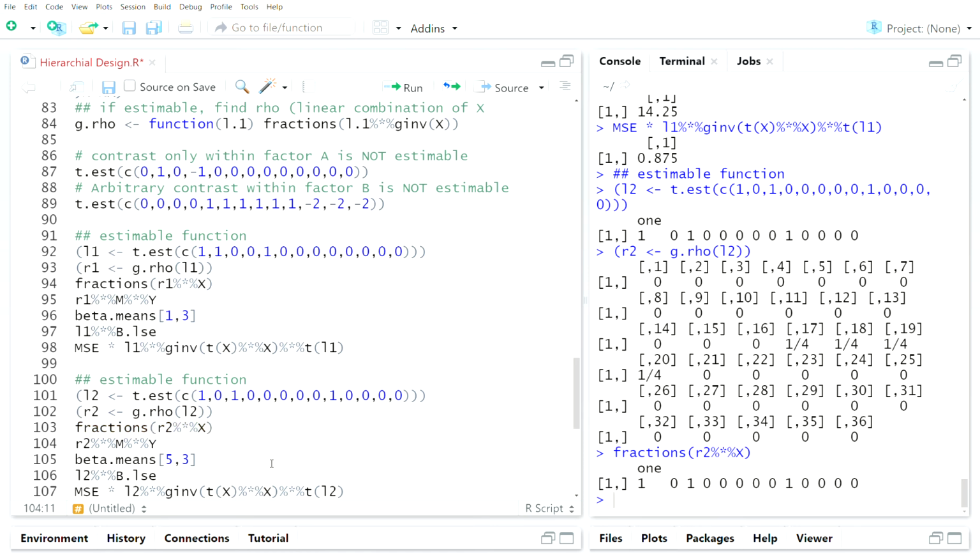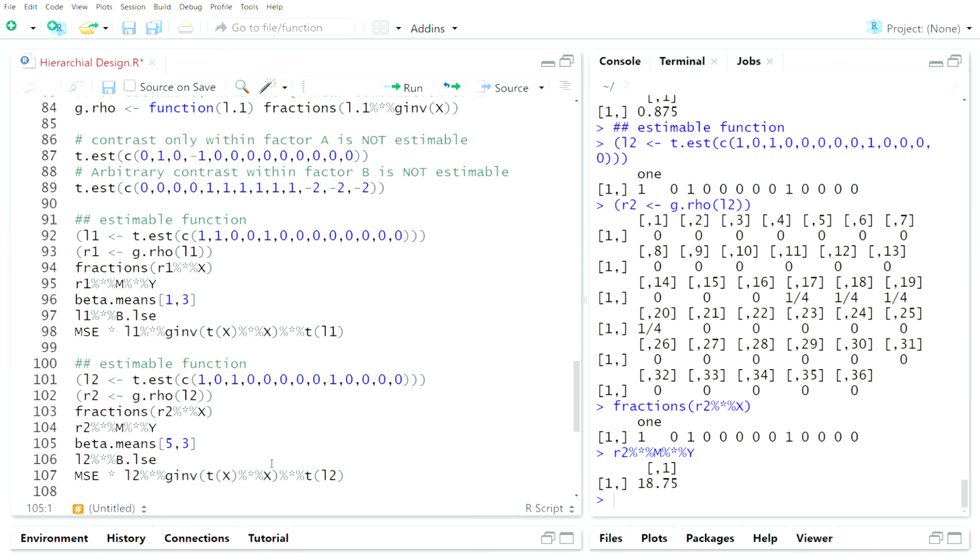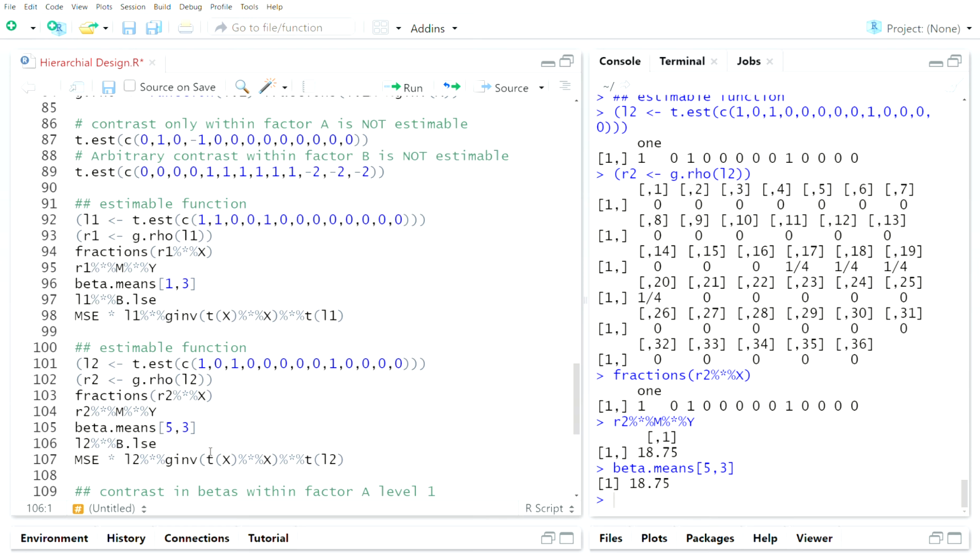Now estimates of this are row 2 times my, or we take the fifth row of the beta matrix, right? So if we look at this linear combination, it's 1, 2, 3, 4 zeros and then a 1. So it's the fifth level of the technicians, and that's what this is saying, 5, 3. 5 is the fifth row, 3 is the third column, which is the means, and it should be 18.75, and it is.